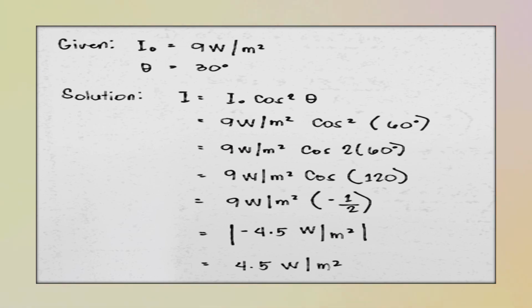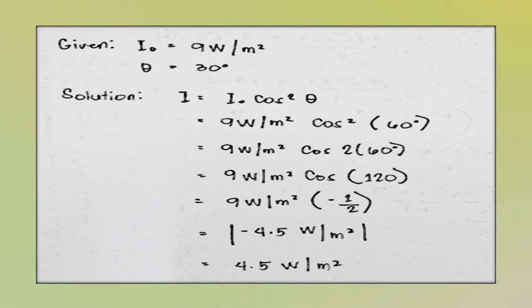For the last example, we have a given of I naught is equal to 9 watts per square meter and the angle 30 degrees. Now, for us to get the value of I, we will use the formula of Malus, or the Malus equation, which is I is equal to I naught cosine squared theta.